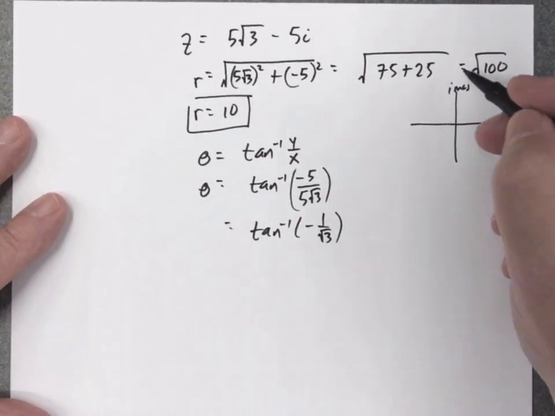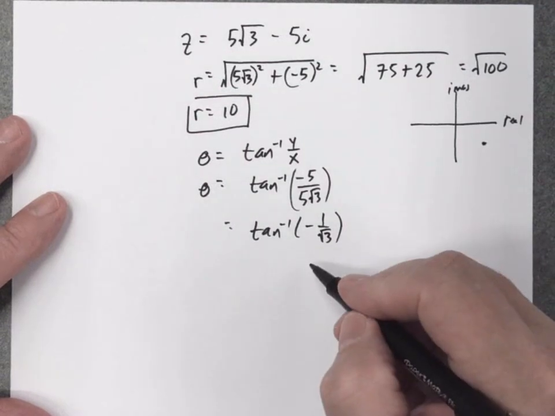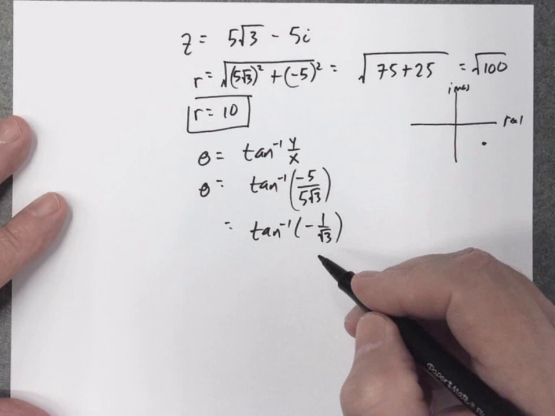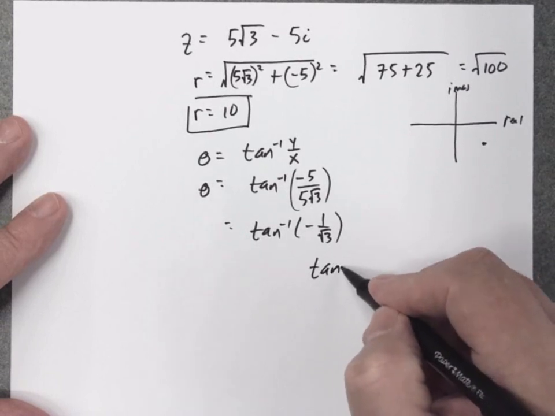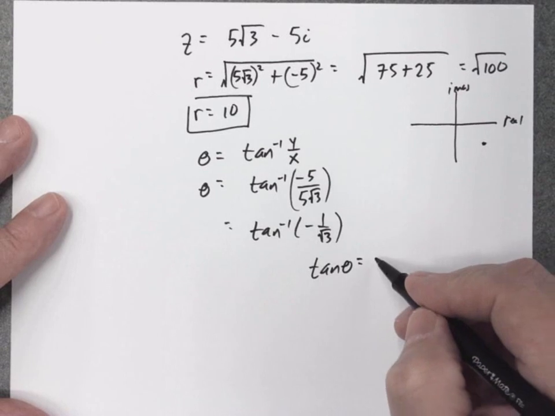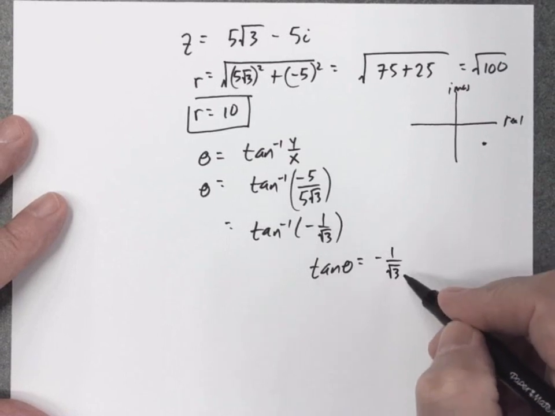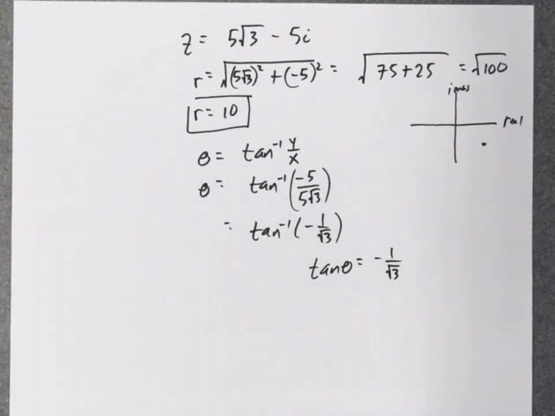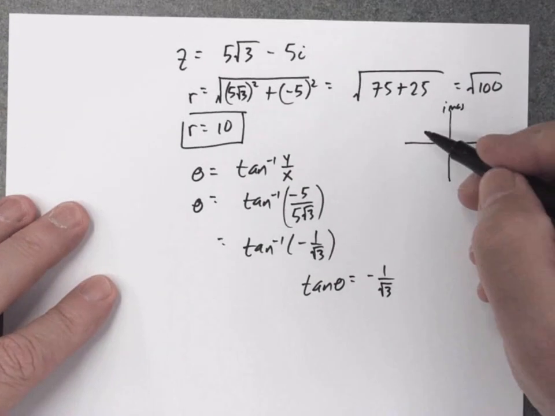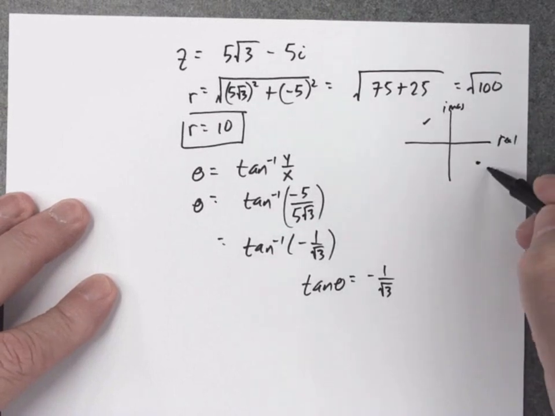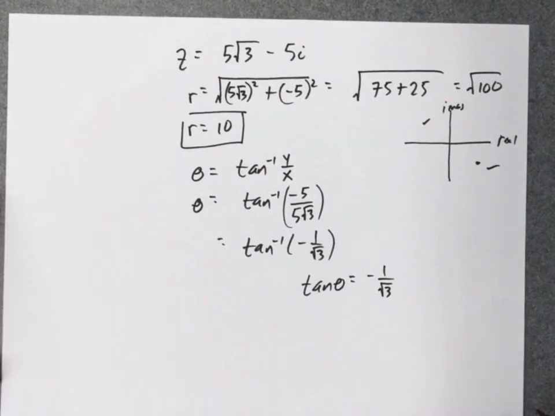Since I know my angles are going to be between 0 and 2 pi, let's rewrite this and say, instead, what we want to do is go find an angle where the tangent is -1 over square root of 3. So once again, since the tangent's negative, we know it has to either be in quadrants 2 or 4, because that's where the tangent's negative.